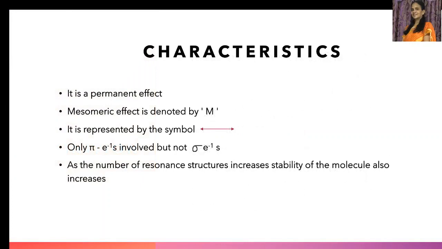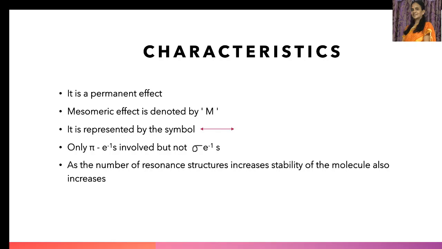Okay. Now let us see the characteristics of mesomeric effect. The first one is it is a permanent effect like inductive effect, and mesomeric effect is denoted by the letter M. It is represented by the symbol double-headed arrow, and only pi electrons are involved but not sigma electrons.